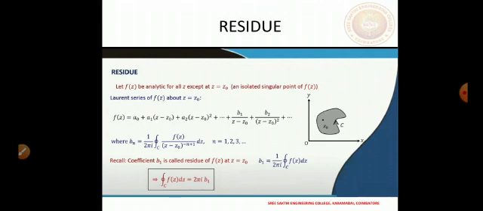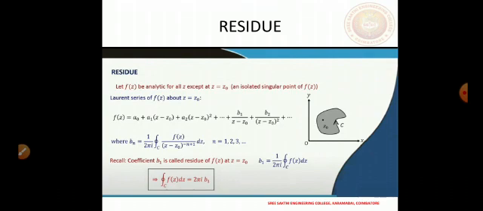Now, the Laurent series of f of z about z equal to z naught, we can have such terms, the positive powers and the negative powers, where this coefficient we can compute with the help of such an integral that was already discussed in the topic where we covered the Laurent series.